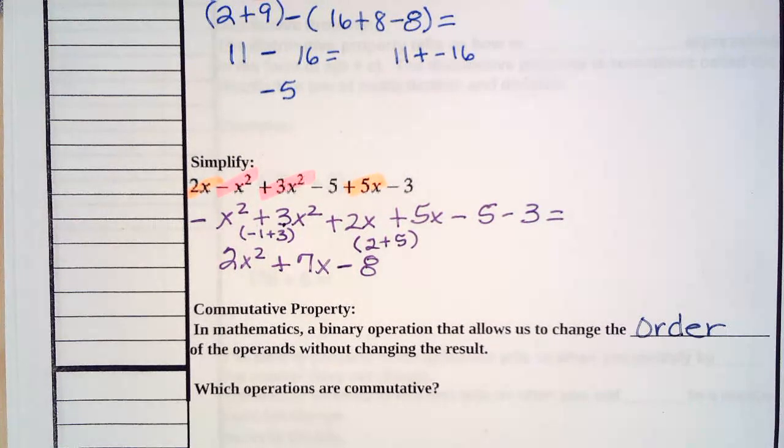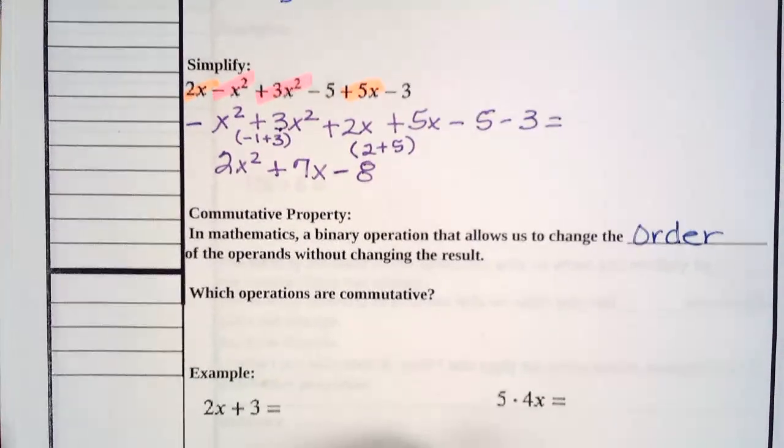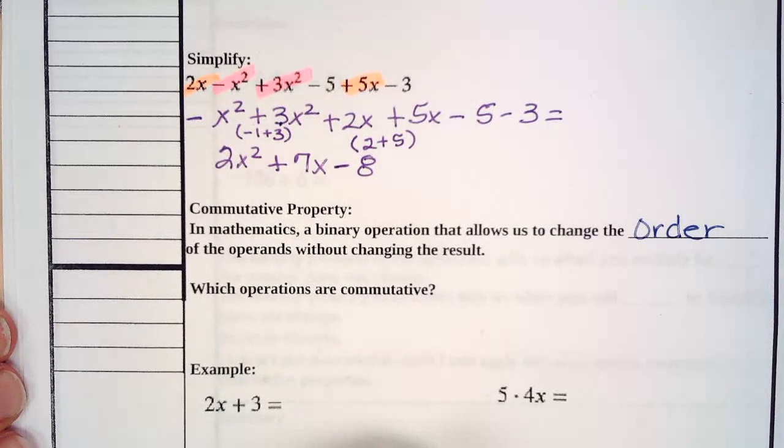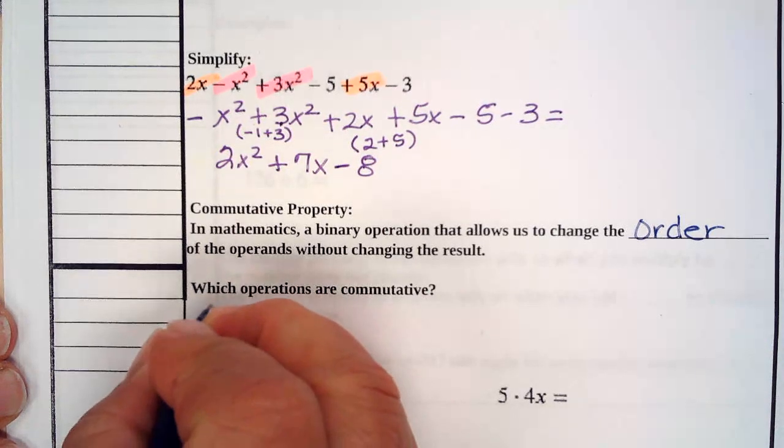So think about the adding, subtracting, multiplying, and dividing. Which of these will be commutative? Okay, think of it as an expression. Is 2 plus 3 equal to 3 plus 2? Yes. So we know that addition is.